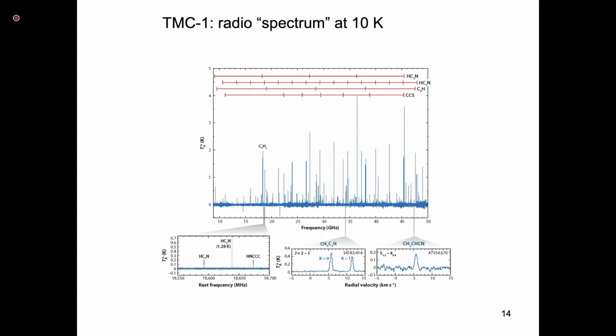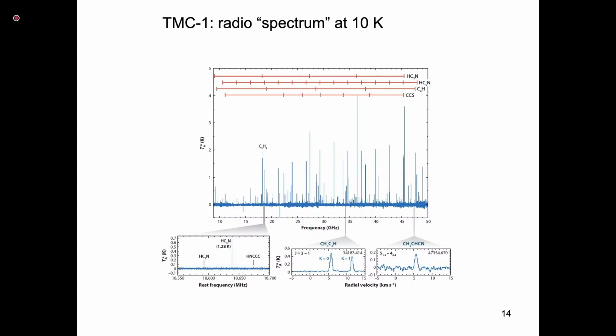All right, so here is what you see, aiming the Nobeyama telescope at this TMC1, which I showed you several times. It's one of these cold cores, and it is a radio spectrum, so it's in the gigahertz. It's not AM or FM, but it's in that frequency range, and you're seeing spectra.